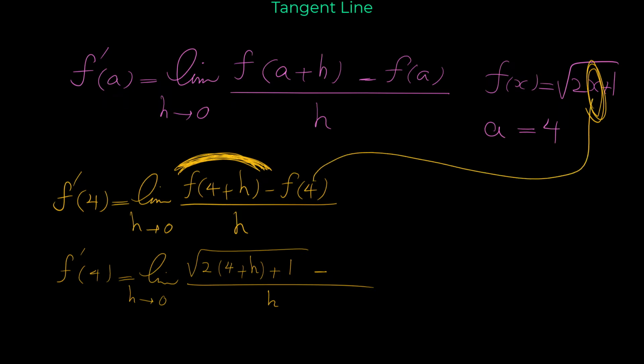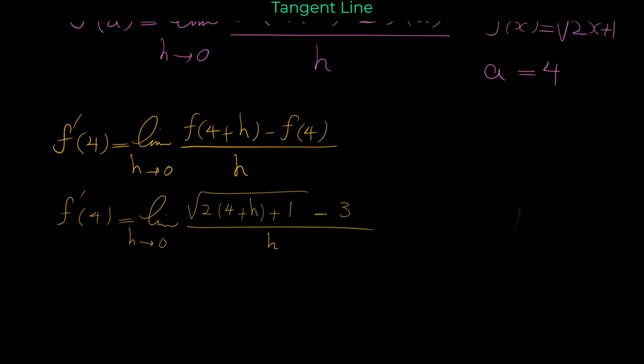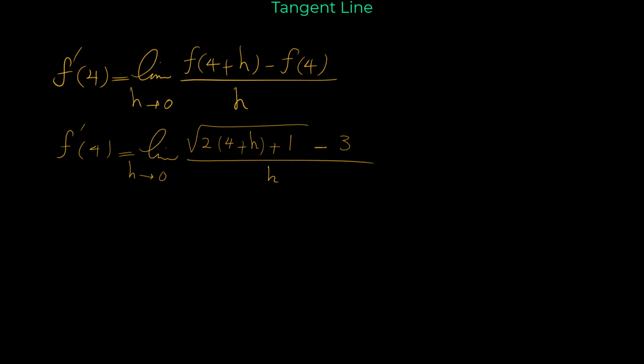Plug in 4 here. 2 times 4 is 8. 8 plus 1 is 9. Radical 9 is 3. So it's only 3. Now we have to find this limit. It depends on you to multiply 2 in the bracket or keep the radical in this form. I recommend you to multiply the 2 inside the bracket, then try to find this limit by doing the conjugate.